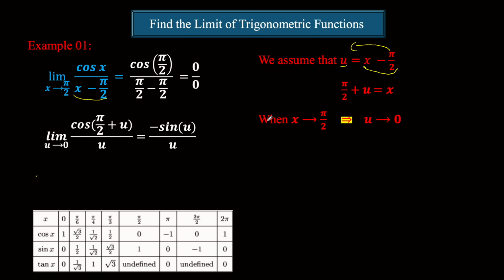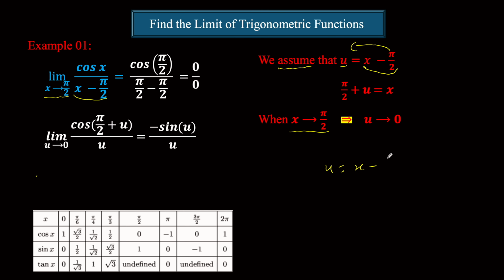Then when x approaches pi over 2, so we have it from here, x approaches pi over 2, this leads u to approach 0. Why? Because we already said from our assumption, okay? We assume that u is equal to x minus pi over 2.